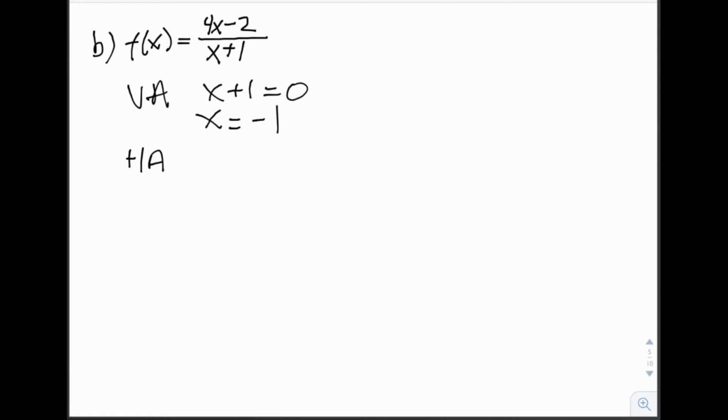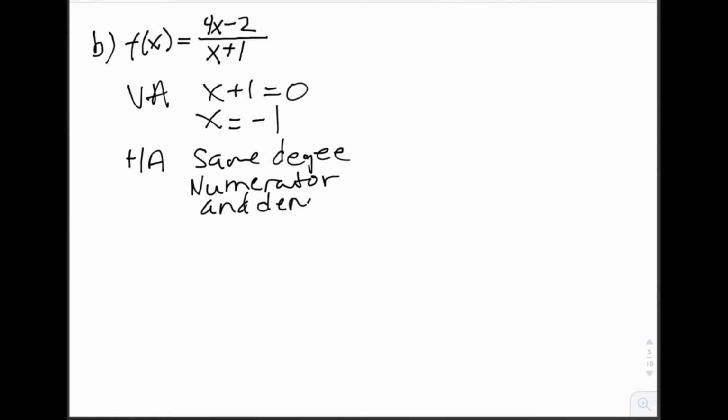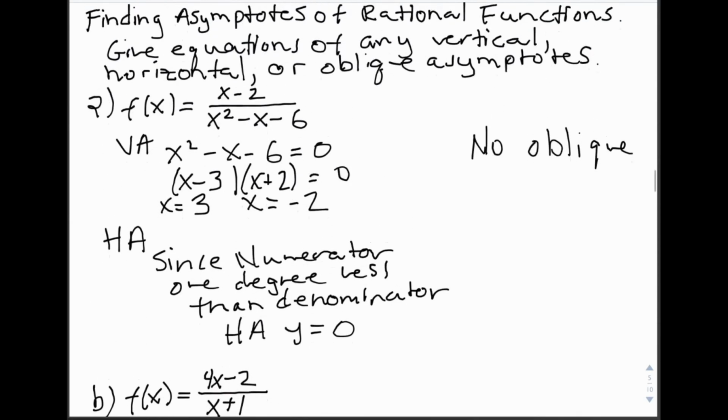Now our horizontal asymptote, let's see. Notice that the numerator and the denominator have the same degree, the top and the bottom. So what did it say? Well, that's going to be our second point here.